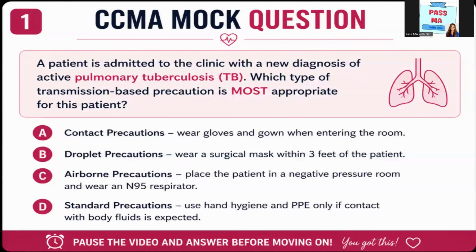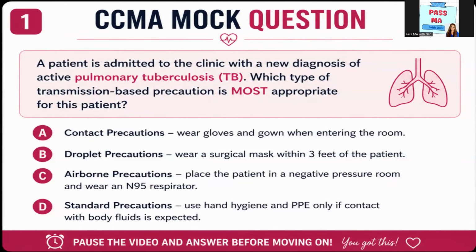All right, now we're looking at CCMA mock questions. Let's go ahead and look at this one. A patient is admitted to the clinic with a new diagnosis of active pulmonary tuberculosis. Which type of transmission-based precaution is most appropriate for the patient?